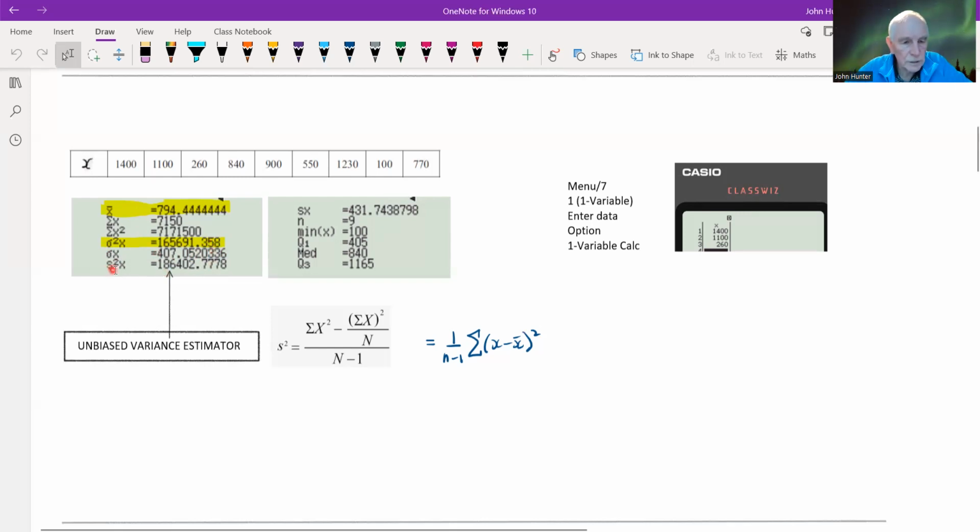This S squared X is actually an estimator. So if this data came from some larger population and we wanted to estimate the variance of the population from which all this came, then this is what we would be interested in.